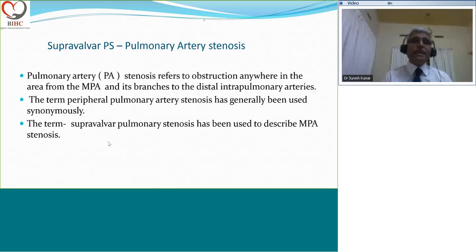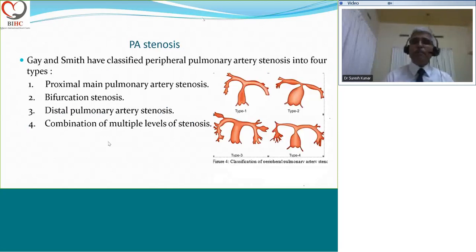There is a Gay and Smith classification on this. Type 1 is just a proximal main pulmonary artery stenosis, the branches are okay. Type 2 is a bifurcation stenosis. Type 3 is a distal pulmonary artery stenosis on either side. And type 4 is a combination of multiple levels of obstruction.